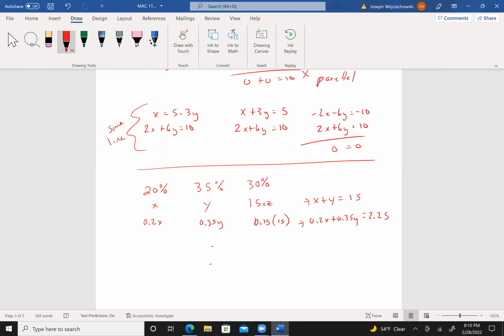So 15 times 20, that's 300. So let's look at this again. x plus y equals 15. 20x plus 35y equals 225. So that should be my equations.